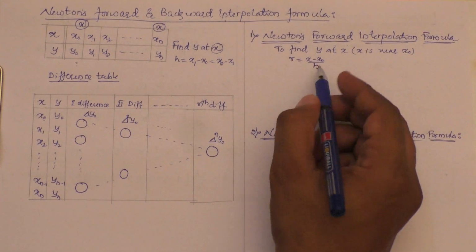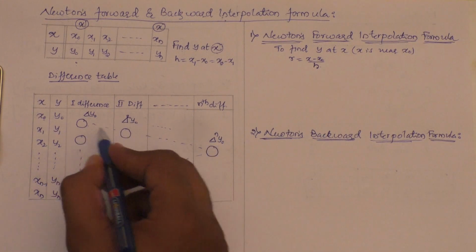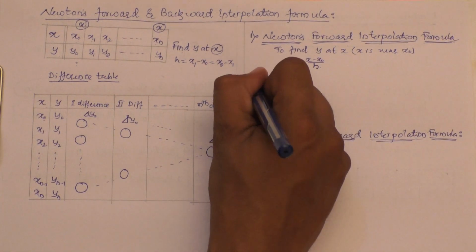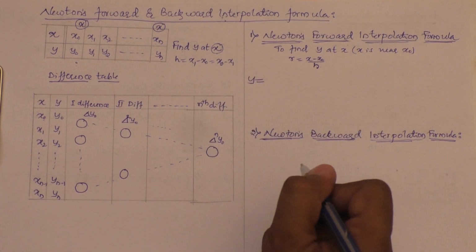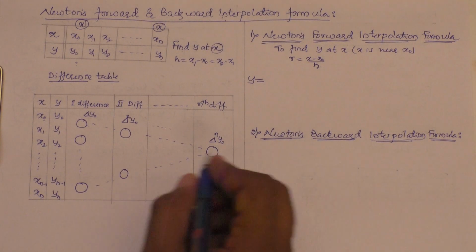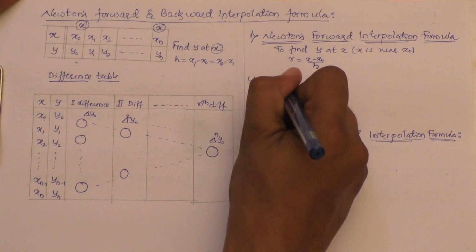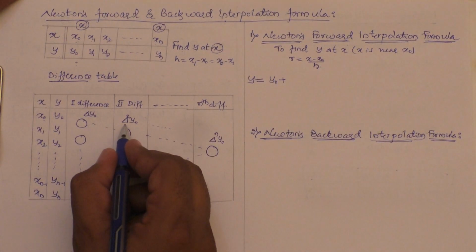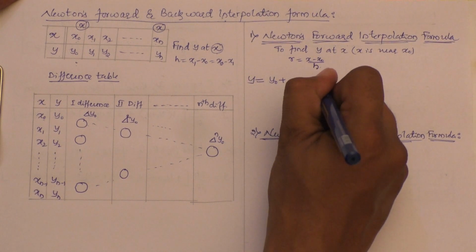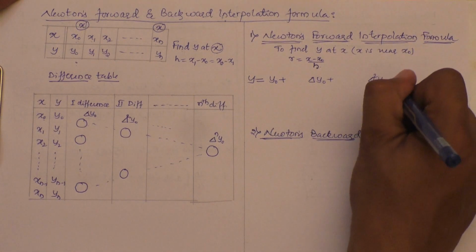You should know this r value and also these differences, which you get from the difference table. Then you can write Newton's forward interpolation formula. It starts with y0, plus r delta y0, then delta square y0, and so on.